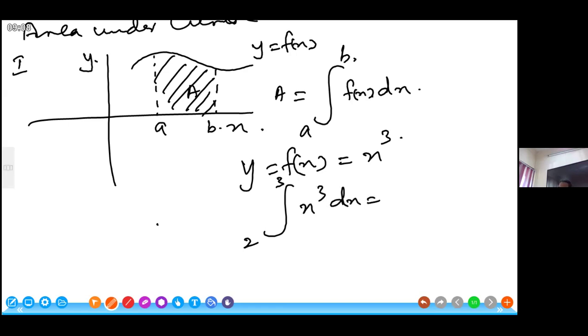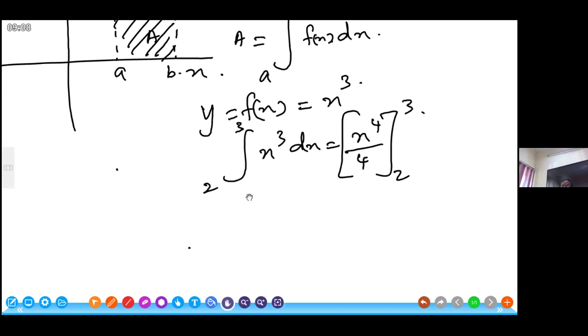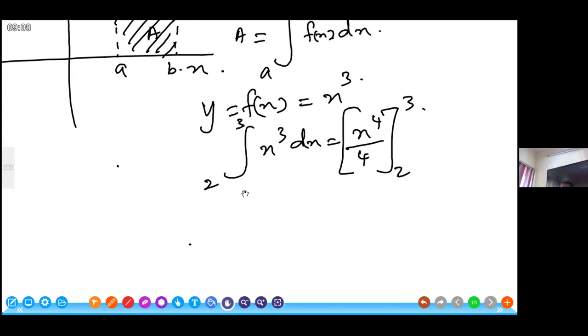So you first integrate the function, then you substitute the values 2 and 3, which is called definite integrals. Can you remember?